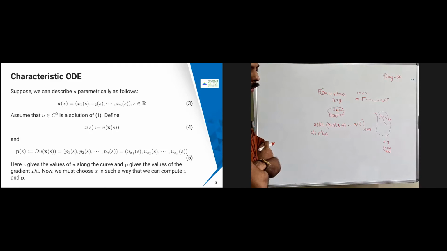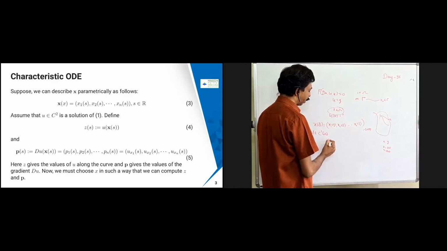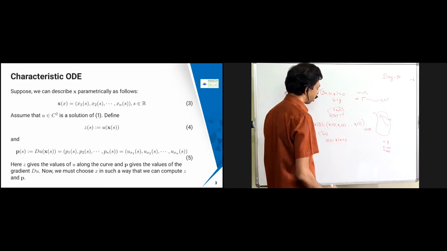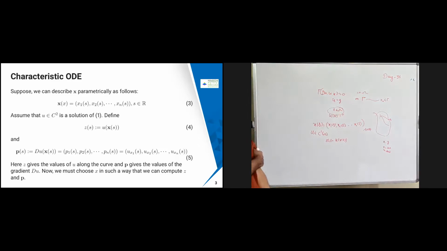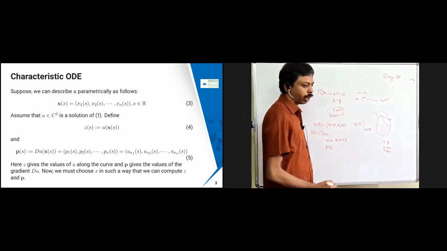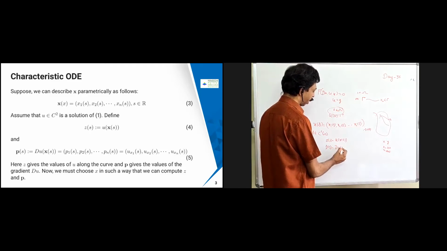Then I'm going to define, as we did in Jacobi's method or Charpit's method, z of s. z of s I'm going to denote u of x of s, because we already denoted z equal to u in Charpit's method and Jacobi's method. So the same kind of thing we are going to do. So z of s equal to u of x of s. And what is p of s? p of s is nothing but I'm going to denote the gradient du of x of s.